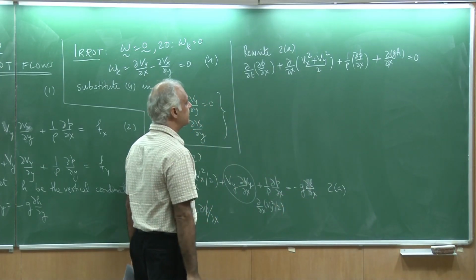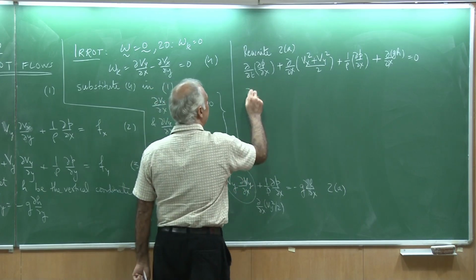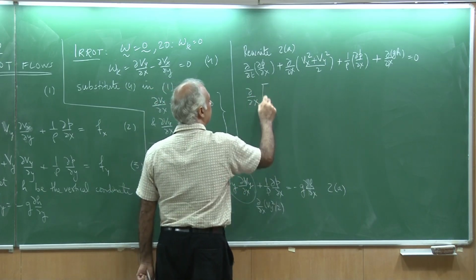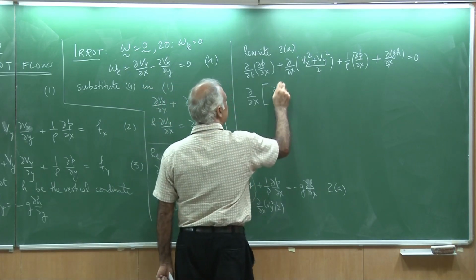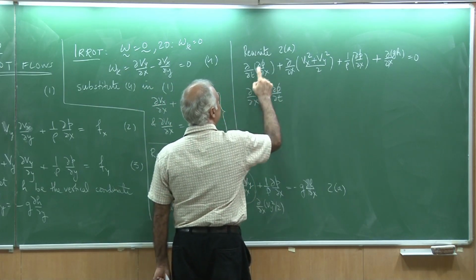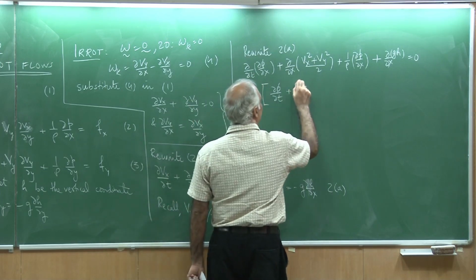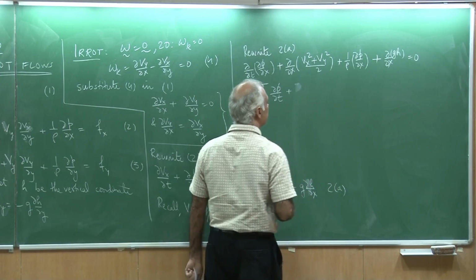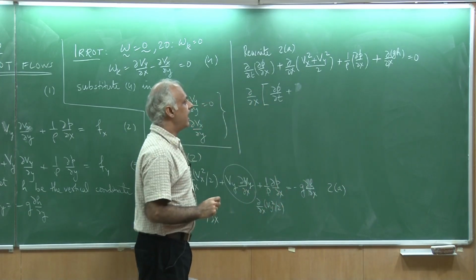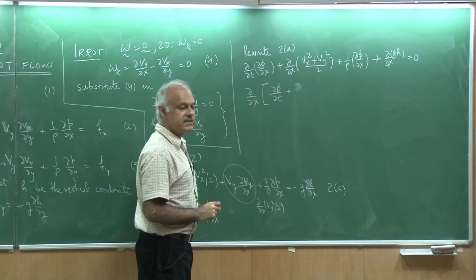Now, I will arrange by taking del by del x outside, and the equation that I get is del phi by del t. So, that is this term plus I will now write Vx square plus Vy square as the kinetic energy.